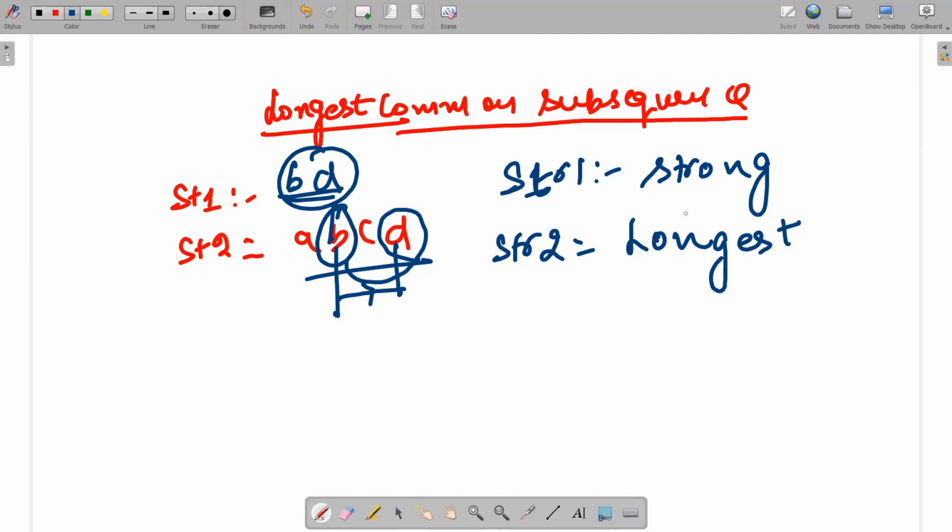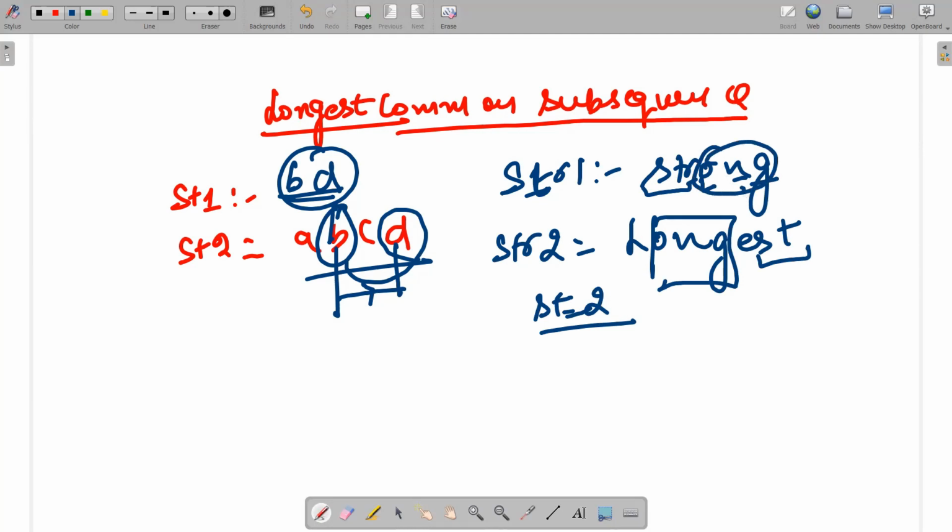We can say there is a similarity: ST is present, but the length is 2. We can try O. O is present, N is present, and G is present. So O, N and G are definitely present over here. So again, we can say that the longest common subsequence is ONG, and it is coming together. Again, there is a possibility the strings may come together or may not come together.